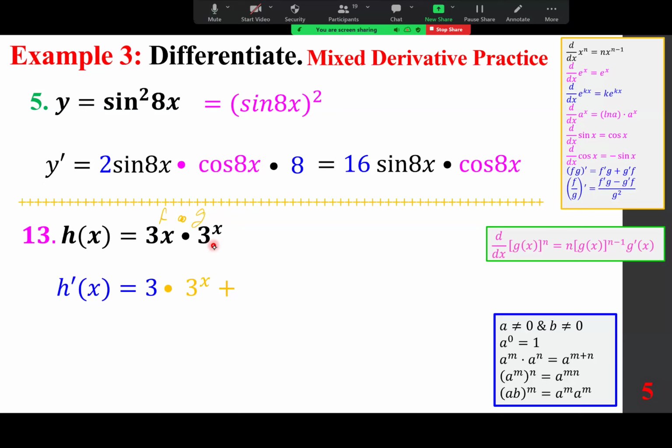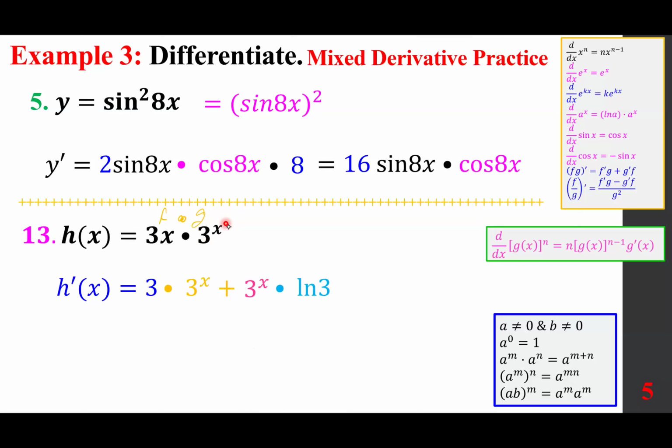Now, I want to differentiate this. We've discussed that. Any exponential, immediately the answer is itself. You look at the base, if it is e, you're done. It's not, so it's ln 3. You look at the exponent, if it is x, you're done. If it's not, by the chain rule, you take a derivative of that expression. X, the derivative is 1, you don't have to worry about that.